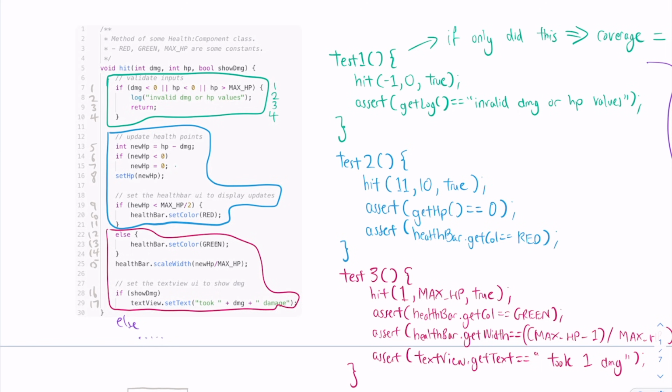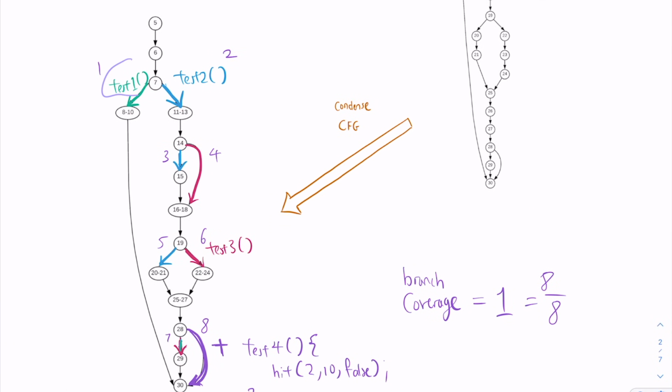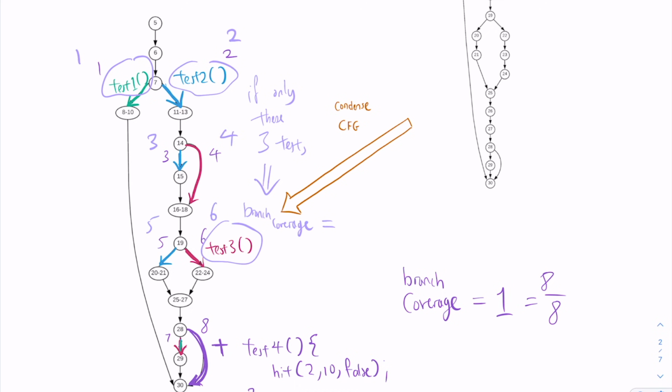If we only had these 3 tests, and we want to find out how many branches we covered, then the branch coverage value would only be the number of branches that were covered by these 3 tests, which is 1, 2, 3, 4, 5, 6, 7.